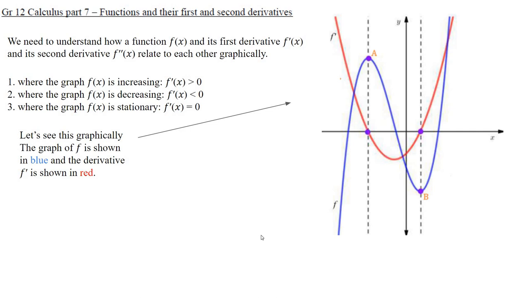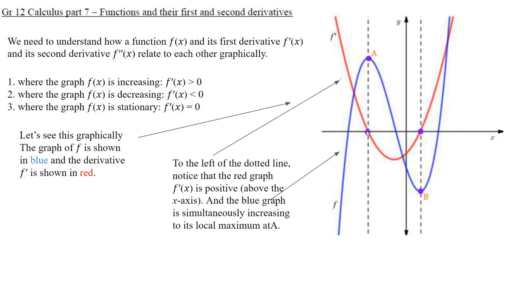What is happening here? Well, first, look to the left of the dotted line. On the blue curve, we can see that the gradients are positive all the way, that it's increasing. And that's why f prime of x is greater than 0. It's because these gradients are greater than 0. What about in between the two dotted lines?